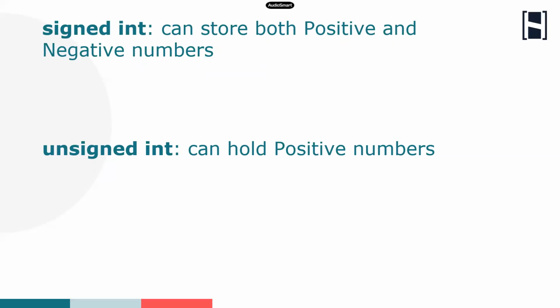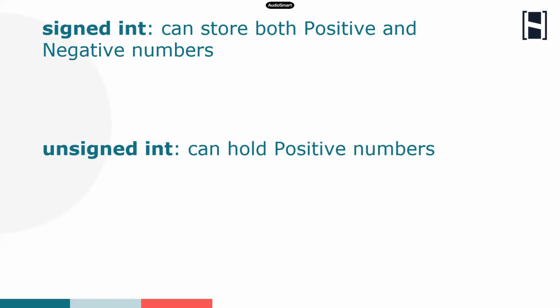Same thing, if I create the int data type as an unsigned integer, then I can store only positive numbers. Negative numbers are not possible. This is what you mean by the two categories of integers.